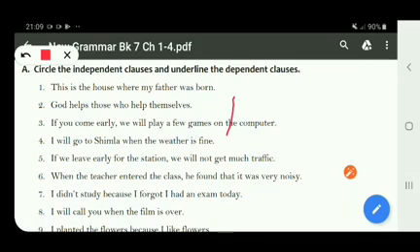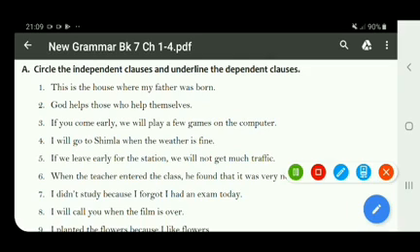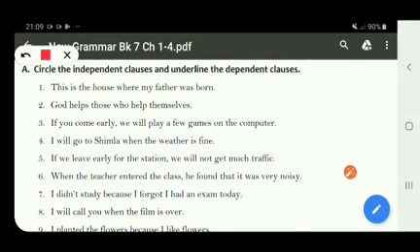The fifth one is if we leave early for the station, we will not get much traffic. We will not get much traffic is the independent clause. If we leave early for the station is the dependent clause. Sixth one, when the teacher entered the class, he found that it was very noisy. He found that it was very noisy is the independent clause.